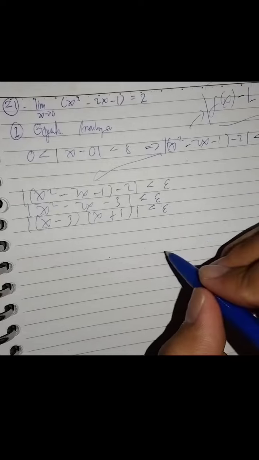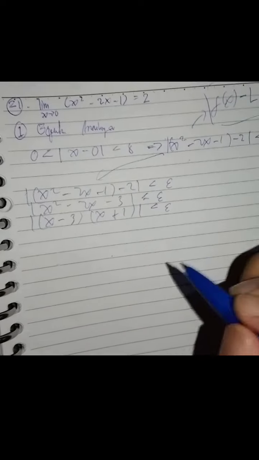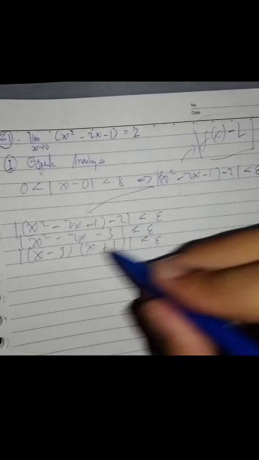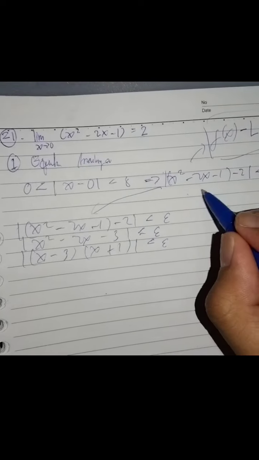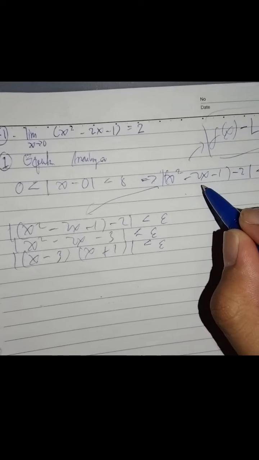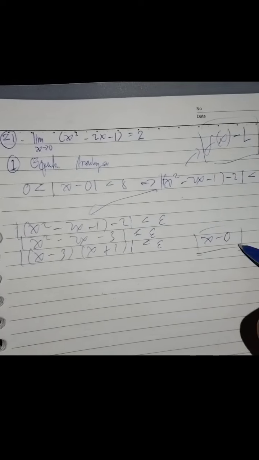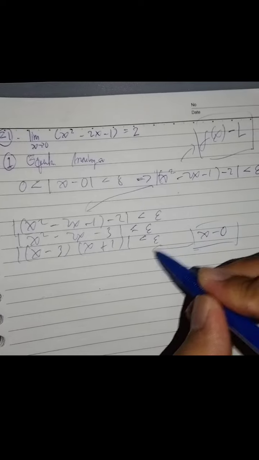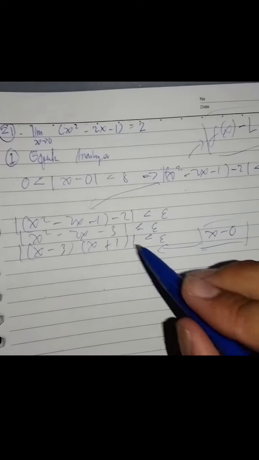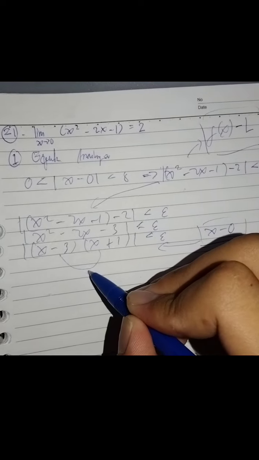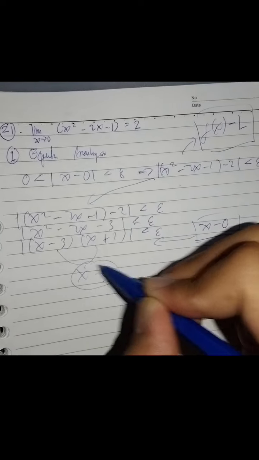So because we must find the relation of this right side to the left side, to the x minus 0, we don't find it in this equation. So we can change this to x minus 0.